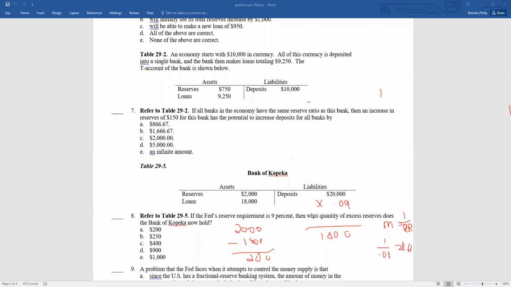Now, I could see a question being, how much could the money supply increase from this bank? So this bank could loan out $200, right? And the maximum the money supply can increase is 200 times the 11.11 multiplier, which I think came out to something like 2,222.